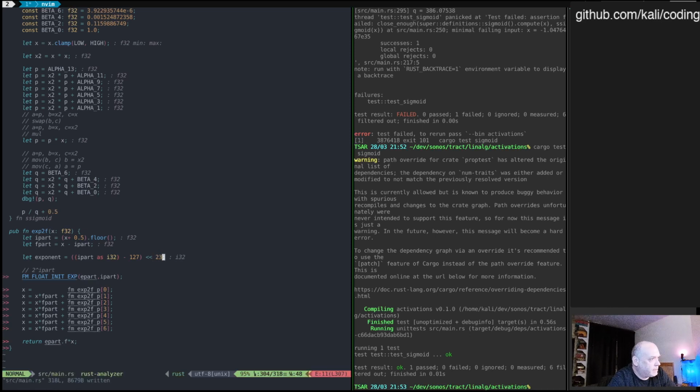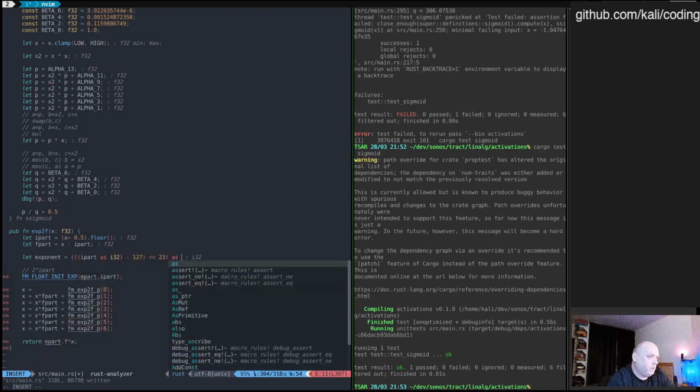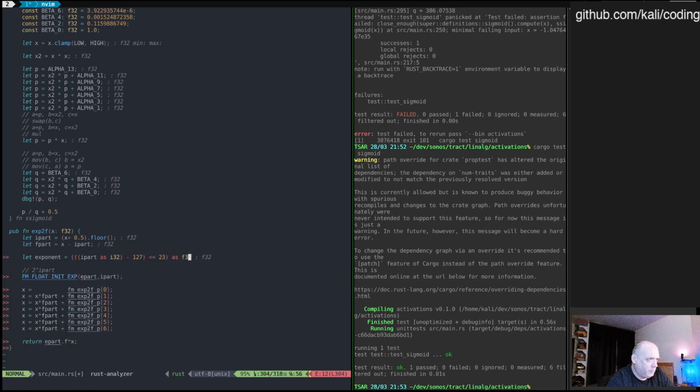And that I can cast. Do I need to cast? No, I don't need to cast. Yes, I need to cast this as F32. And so this should be 2 power I part, hopefully.